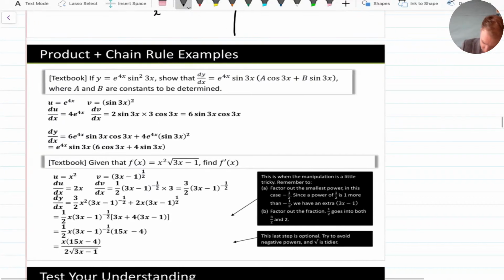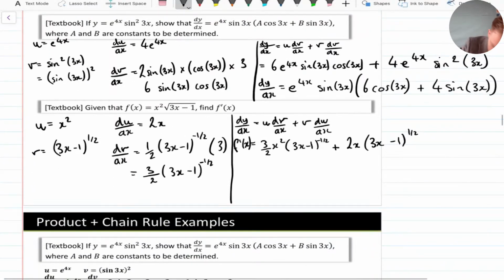So what they've done here, let me show you. They haven't asked you to do this, but they've done it here, so I might as well show you what they've done. They've taken out the minus a half from both sides, and if you take out a minus a half from both sides, it means that this is going to become 1.